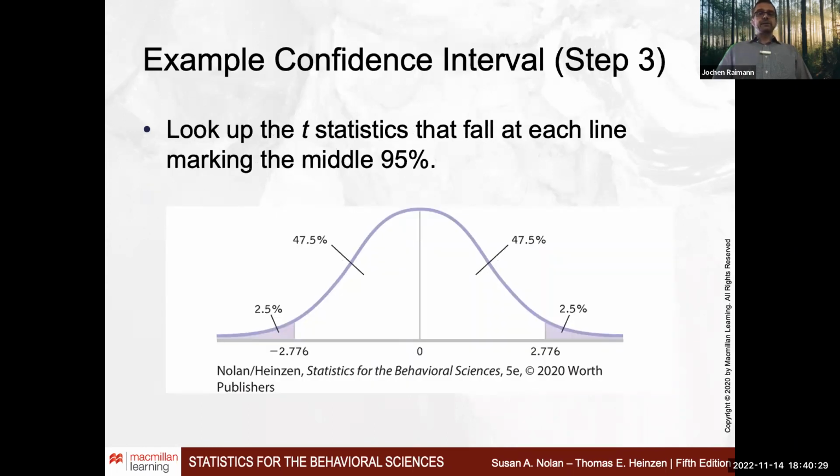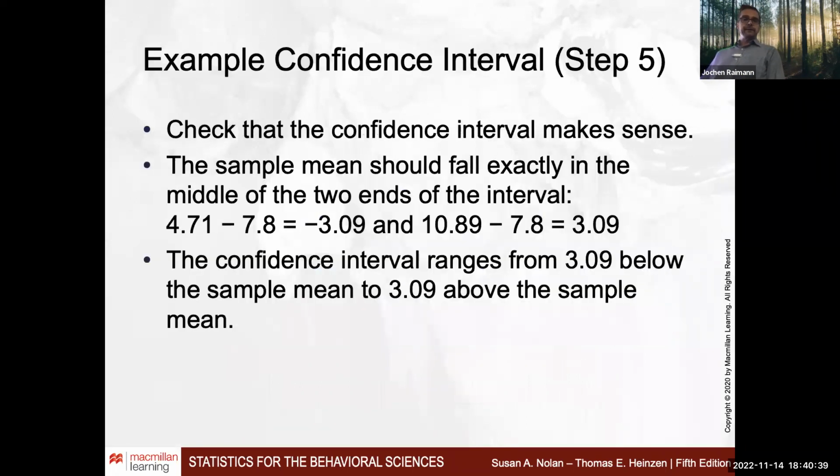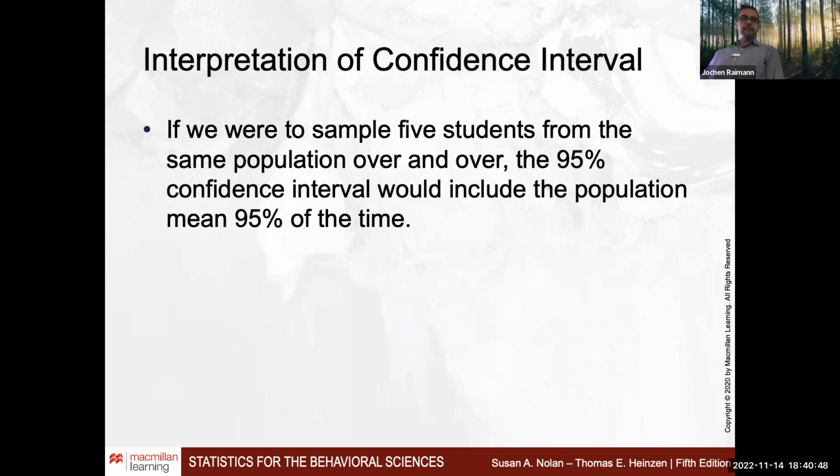So here we have the mean plus and minus 2.78. So it's here for 4.71 and 10.9, just as we calculated. So the interpretation of this confidence interval is the same.